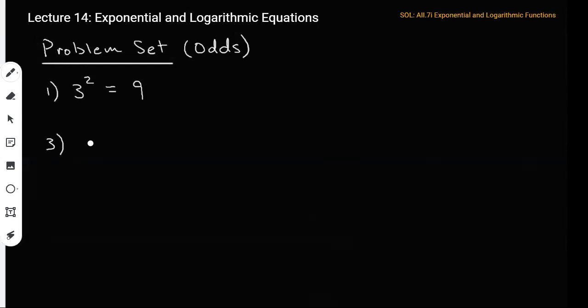And for number 3, I have 4 cubed is equal to 64. Okay, so go ahead and take those exponentials and make them into logarithms.